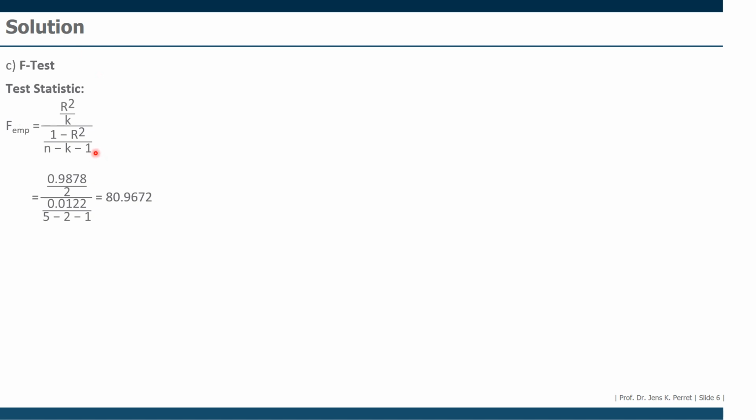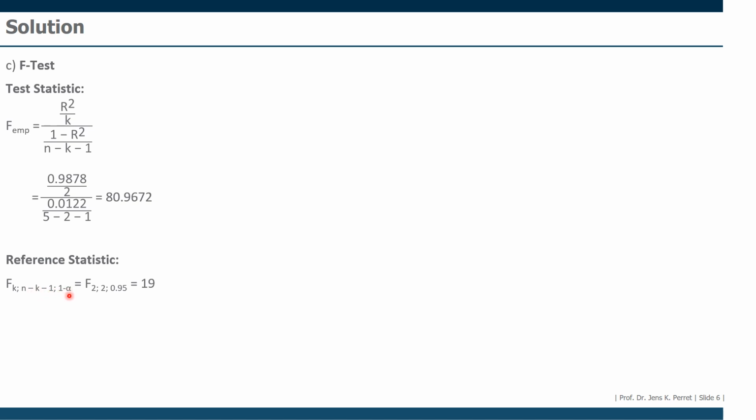To actually conduct the test, we also need a reference statistic. So we're going to turn to our tabled values for the F statistic, and look up the value F with k, n minus k minus 1, and 1 minus alpha. K, we noted, was 2, n was 5, so n minus 2 minus 1 is 2 as well.